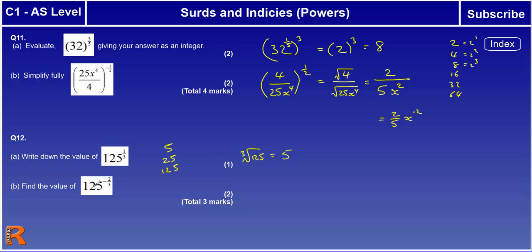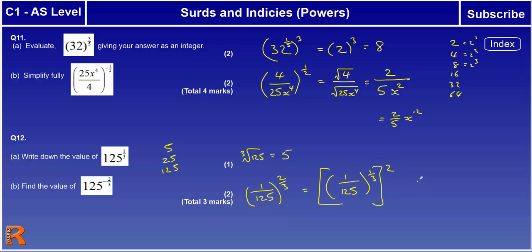Find the value of 125 to the minus 2/3. So the minus is 1 over 125 to the 2/3, and with the fractional powers we break it out into a fraction, so we've got 1 over 125 to the power of 1/3, and then we do that to the power of 2, or square it.